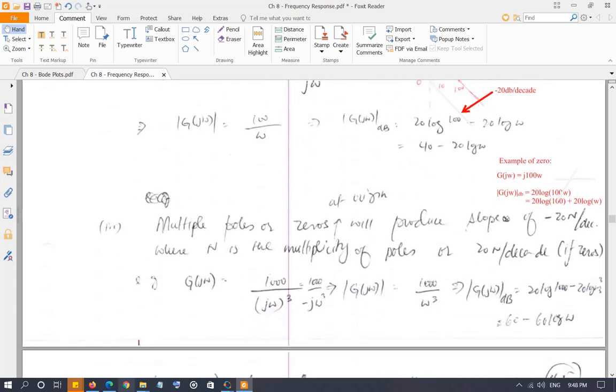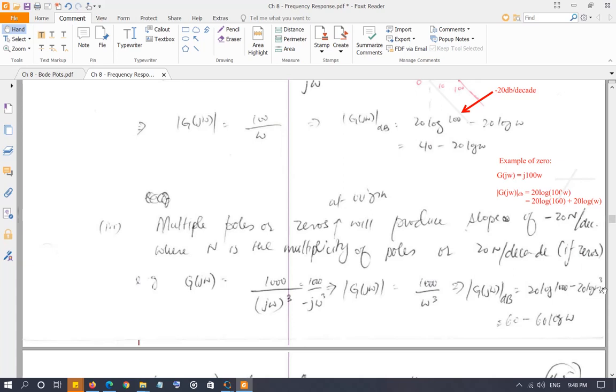Okay, let's look at multiple poles or multiple zeros, j omega cube, j omega square, whatever. Remember, multiple poles mean you can break it down in terms of omega times omega times omega, or omega times omega. For example, with this transfer function, you take the decibel, 20 log of 1000 minus 20 log of omega cube.